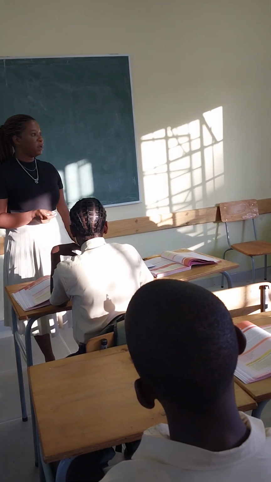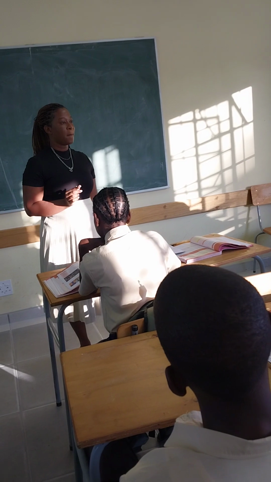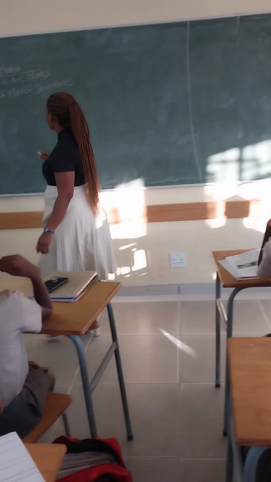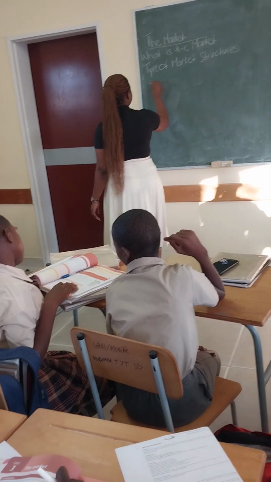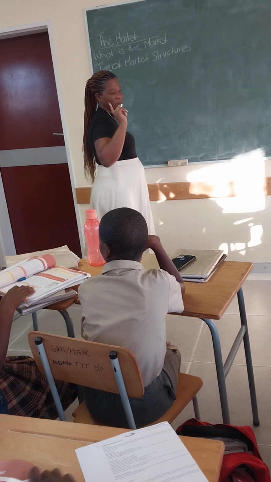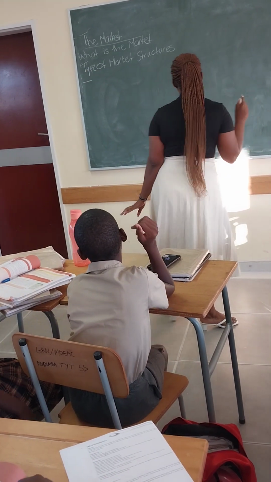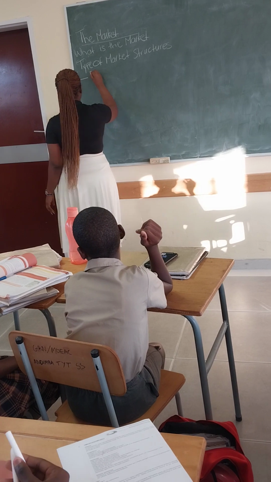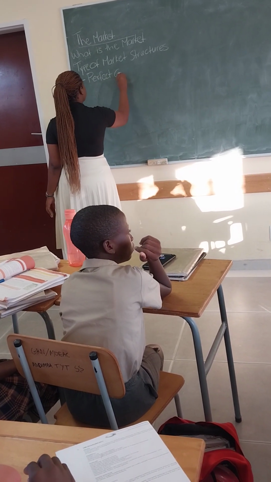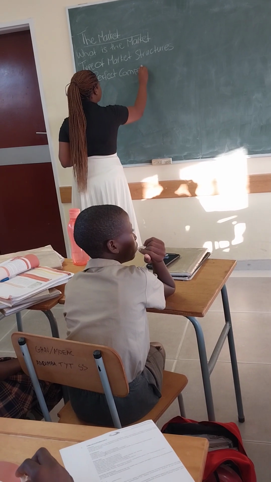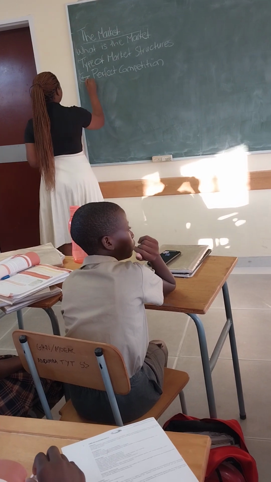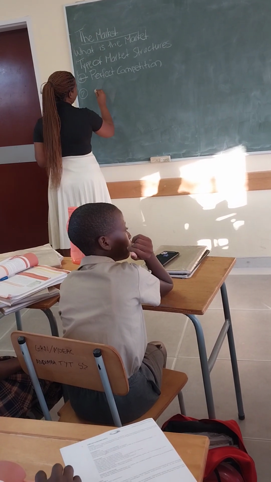Moving on to the structures of market. We have three main ones. The types of market structures. What do we have? We have perfect competition, yes. Or what else do we have?